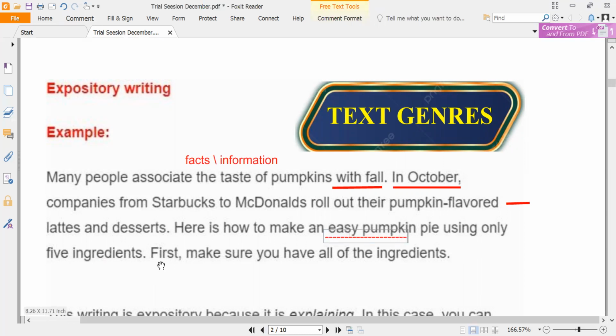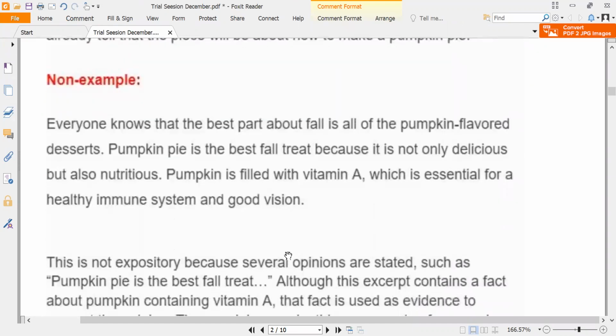Then, first, make sure you have all of the ingredients. So, is there any reason here? No reasons, right? You agree with me? Yes. Okay, let's see the second example.